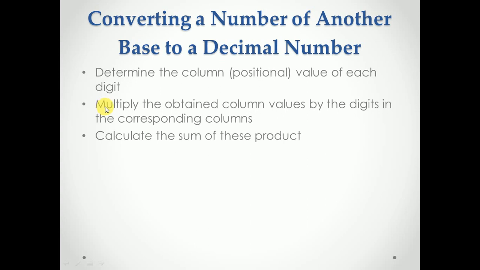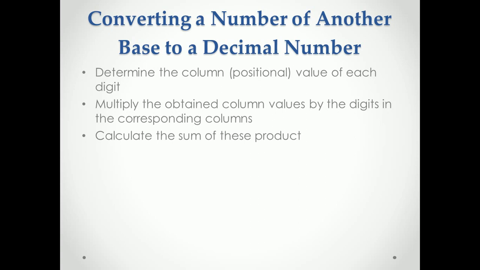Next, multiply the obtained column values by the digits in the corresponding columns. And third step, you have to add the products. Calculate the sum of these products. So these are three simple steps.